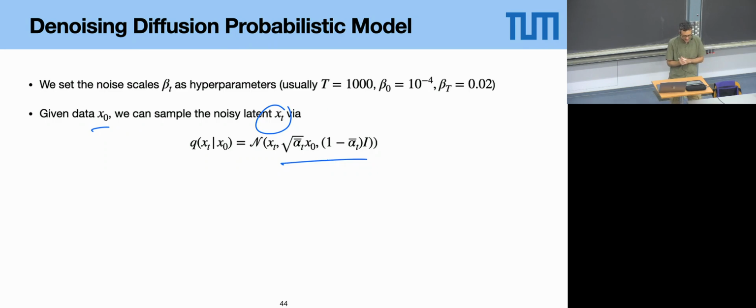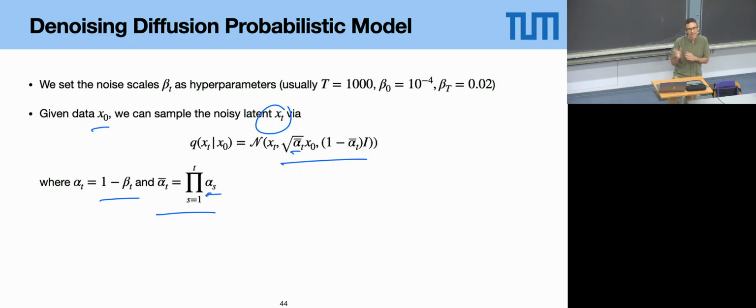It's a fairly simple expression here that depends on these alpha bar values, and these we have not introduced yet, but these are basically the accumulated 1 minus beta values up to this time t. So these alpha bar values are computed in the following way. It's a multiplication of all the alpha values, where alpha is 1 minus beta. So it's in a way the residual or the inverse weighting from the beta up until time t.